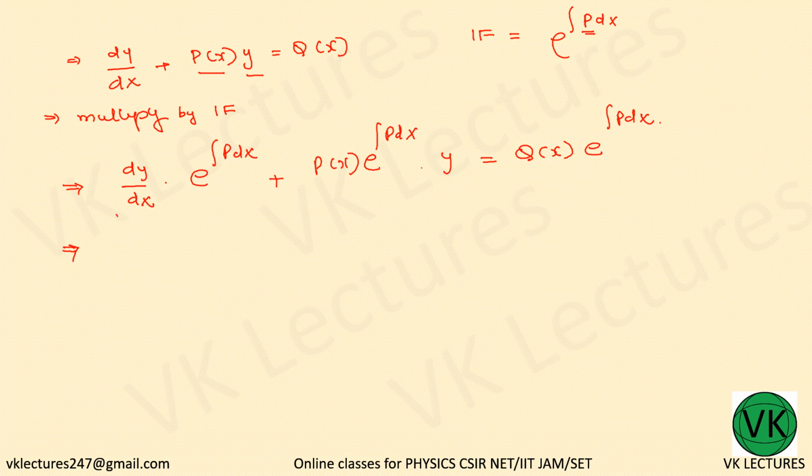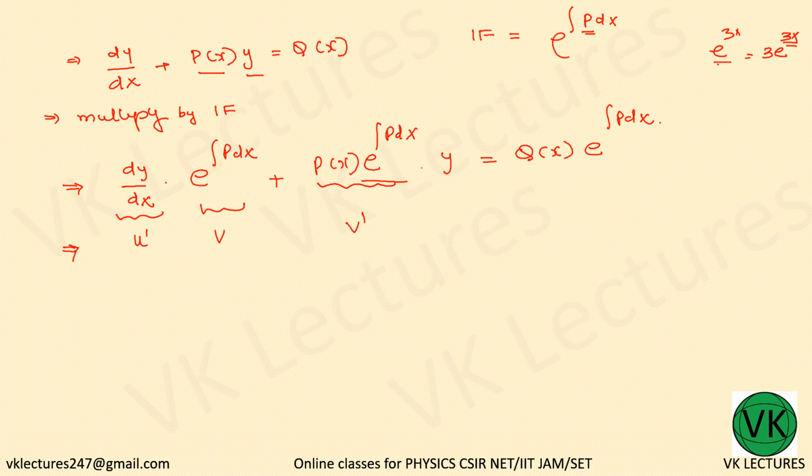Now let this particular term be equal to u dash, and integral p dx is v, and this entire term will be equal to v dash, because e to the power 3x differentiation is nothing but 3 e to the power 3x, right?